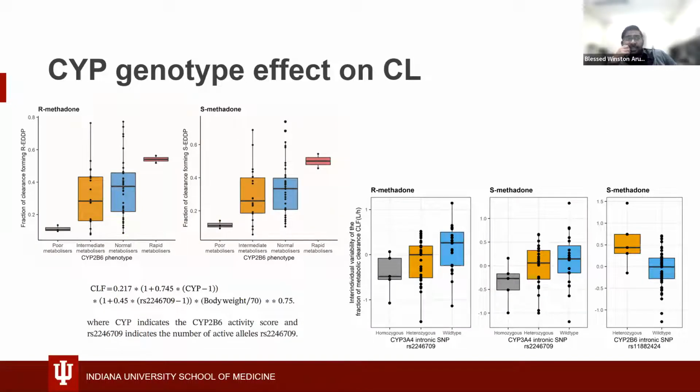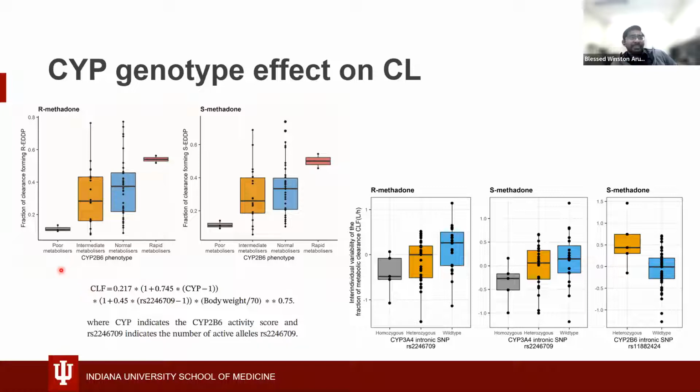And these are the other covariate relationships. So with CYP2B6, you see a relationship with methadone and S-methadone. We considered a linear relationship with CYP, so we have these groups: poor, intermediate, normal, and rapid metabolizers. It's based on the scores we gave. Poor had a score of 0.5, and intermediate 1, then 1.5 and 2.